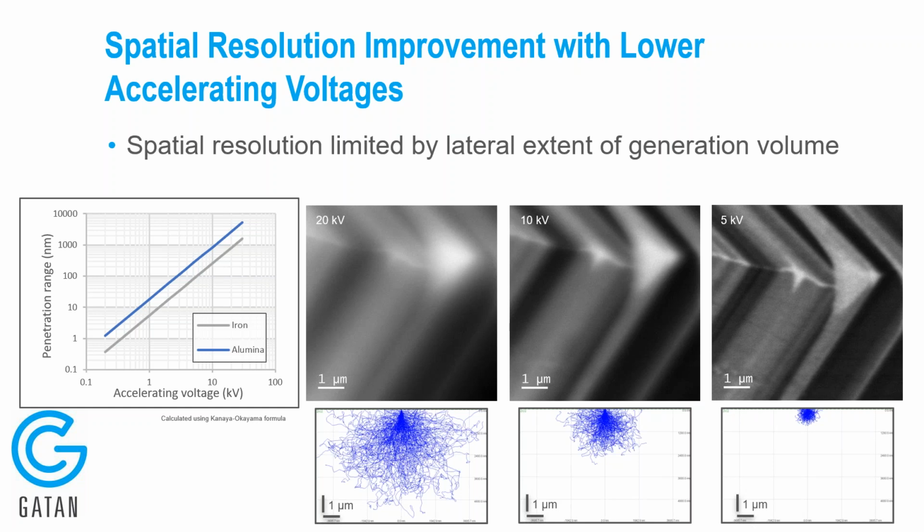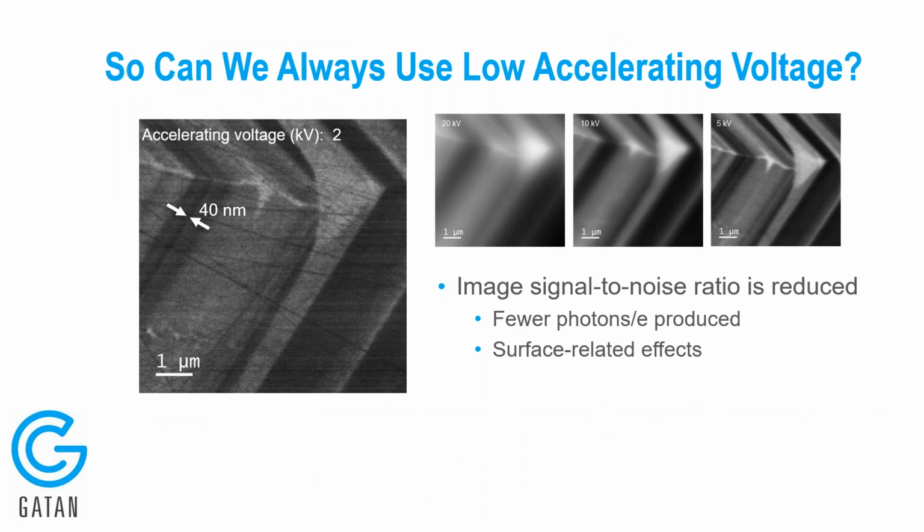So by going to lower accelerating voltages, we can dramatically decrease the size of our probe and get this improved spatial resolution. Well, that sounds very simple, doesn't it? So it sounds like we should always dial in a low accelerating voltage and just get the most beautiful maps that you can. However, it's not that easy.